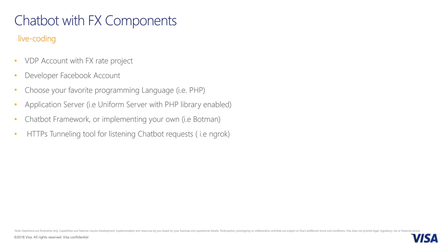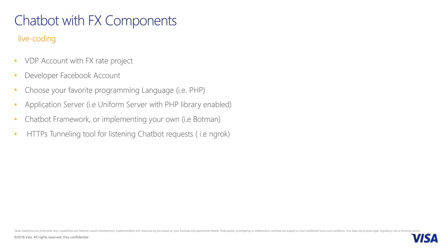So first of all, I'm going to show you a little bit about the VDP account I have created, right? So how you can navigate through VDP and create your account. It's super straightforward. You're going to need a Facebook developer account as well. It's free.